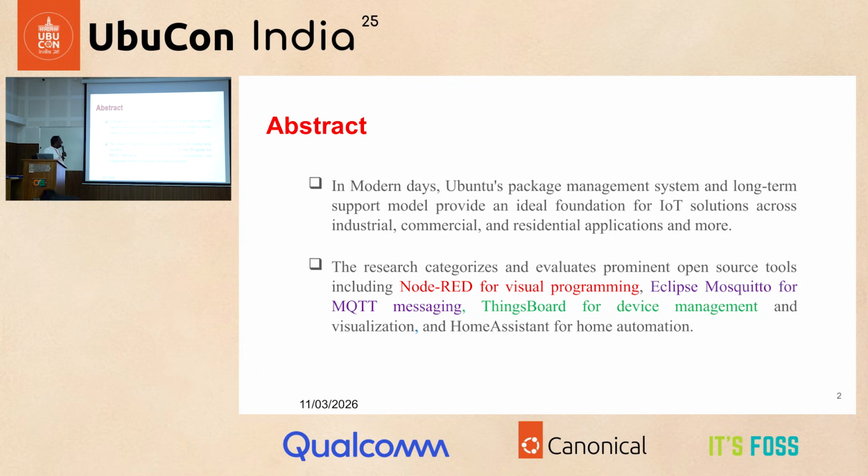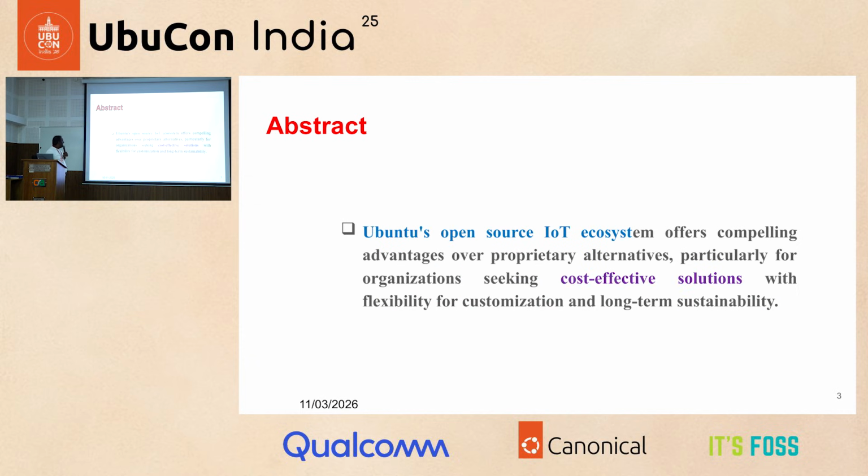We can also go for Eclipse Mosquitto, which is a very good protocol called MQTT, the Message Queuing Telemetry Transport protocol, for messaging. The third one is a very fantastic device management platform for IoT, called ThingsBoard, and I will show them one by one. The open source IoT ecosystem offers a cost-effective solution with the flexibility of customization and LTS support.